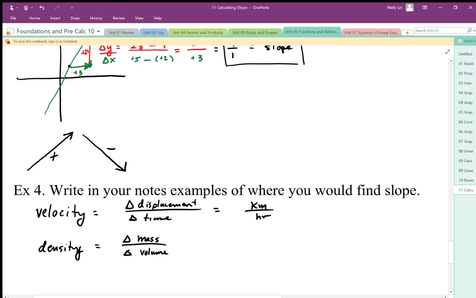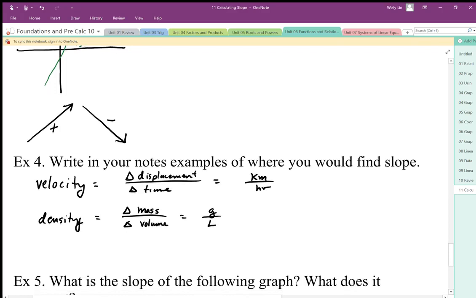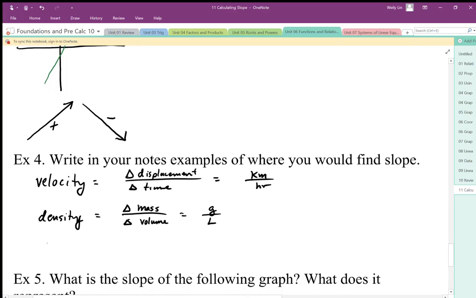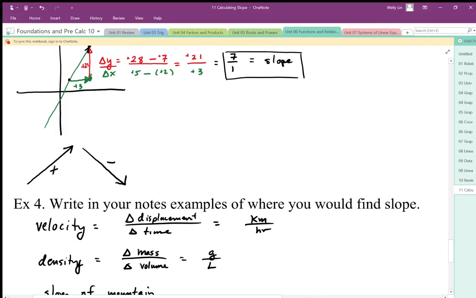Mass divided by volume gives us density, or grams per liter, is how we measure density. And then there's also the physical slope, like a slope of a roof. We can say slope of a mountain, which relates to the physical slope that we see in our graphs as well.